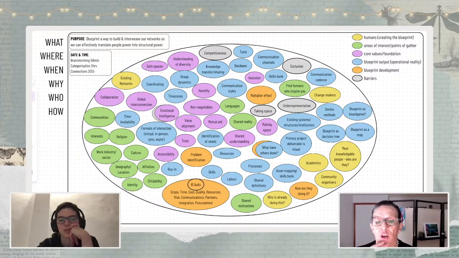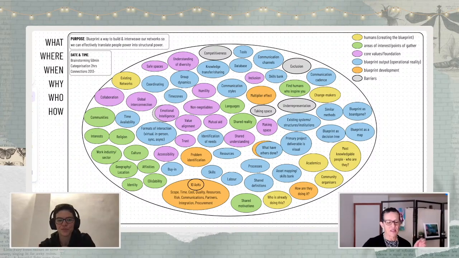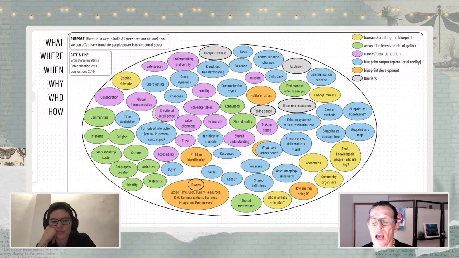Okay. Cool. I want to mention that connections are one of the important steps of systems thinking. We have in our ecosystem, this blueprint that we want to build to interweave our networks, they are all there. It's just like a box of toys.